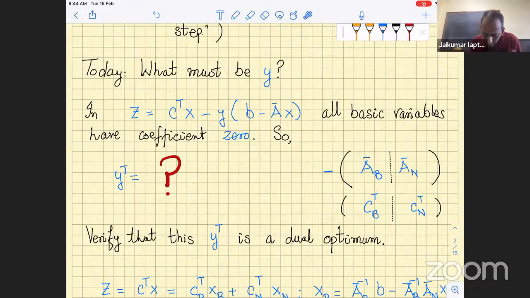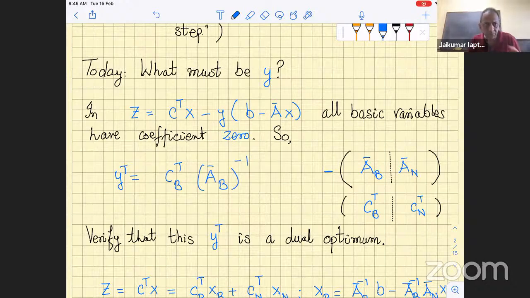So we don't have a choice. If strong duality is to be proved this way, there is only one Y bar that we need to work with. That Y bar must be CB transpose A bar B inverse.